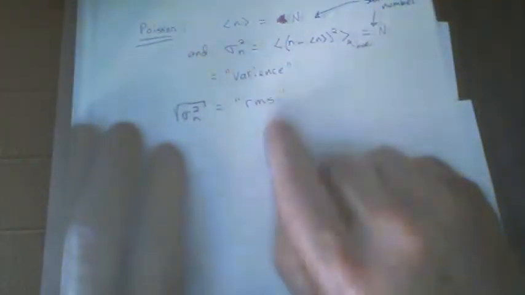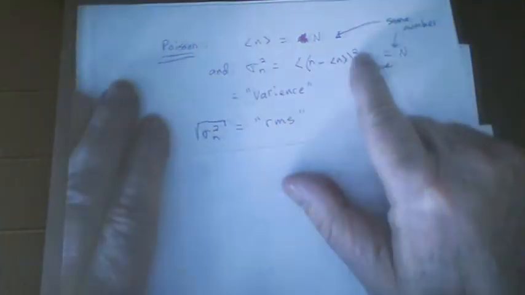Okay, so what's this variance thing? You've probably heard the words. Square root of the variance is called RMS, or root mean square. Well, I can take this as the definition of it. The pointy brackets mean average. So n is a random variable.